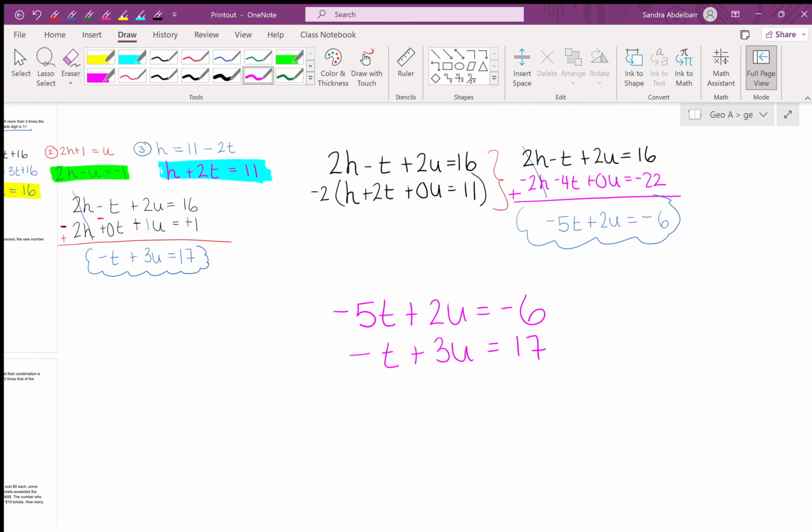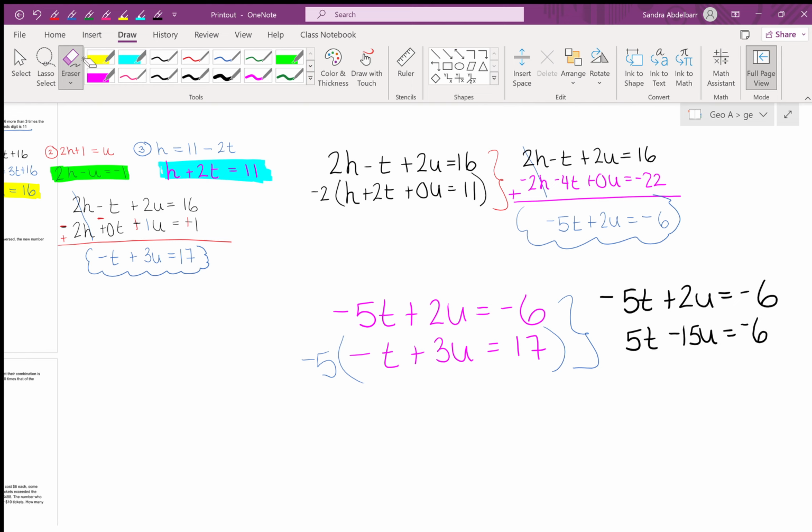I'm going to multiply the whole bottom equation by negative 5. So the top stays the same, negative 5t plus 2u equals negative 6. In the bottom equation, we're going to get 5t minus 15u equals negative 85.